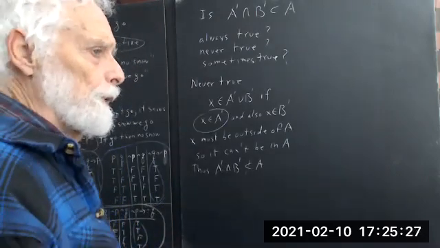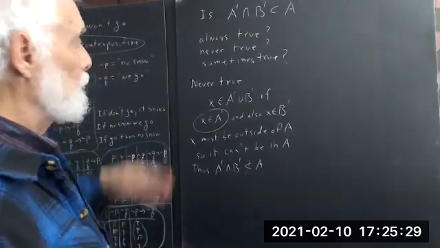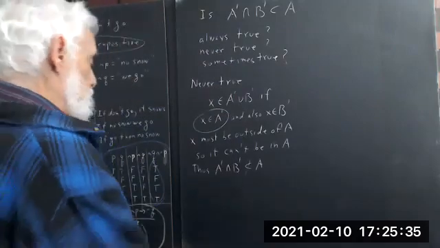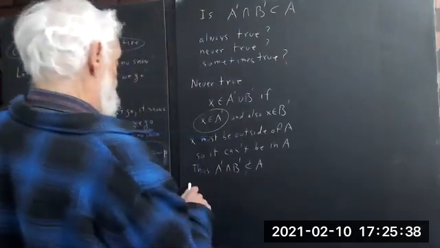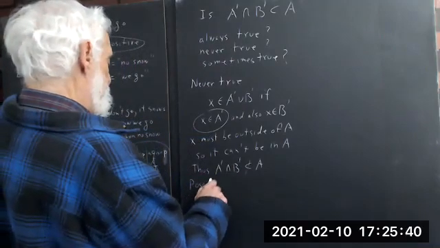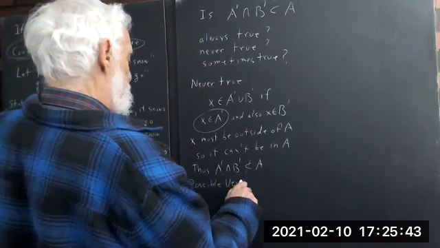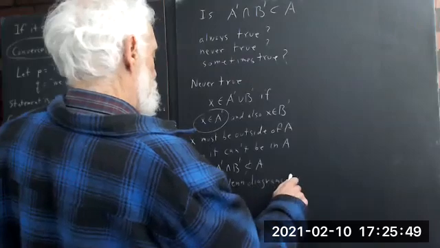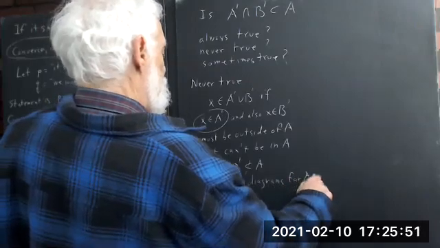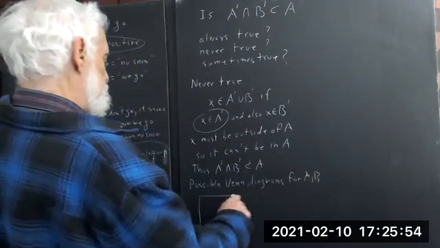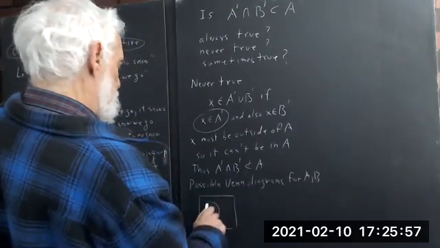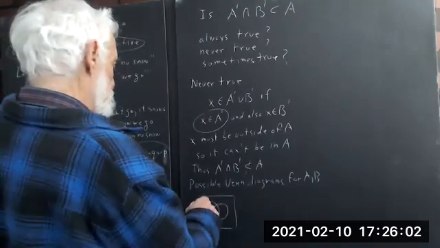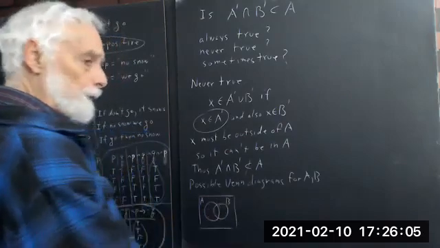Now, there are many ways that we could draw a Venn diagram to look at possibilities in a diagram for two sets. Possible Venn diagrams for A and B: we could have the one we do when we try to be as general as possible, where A is here and B is here.